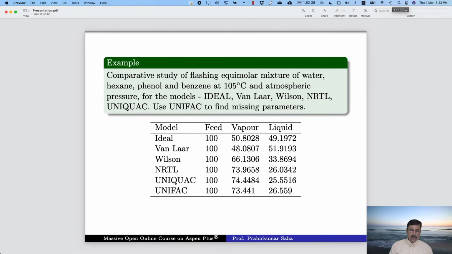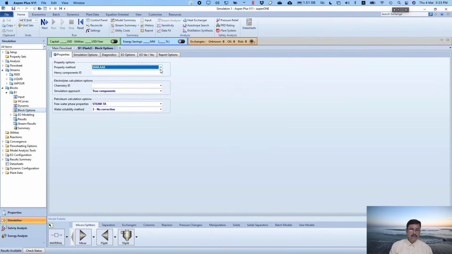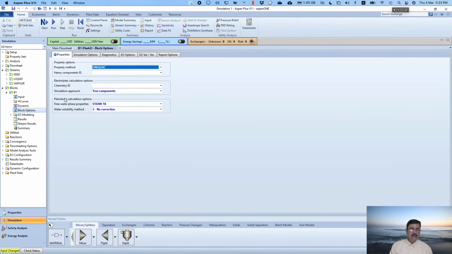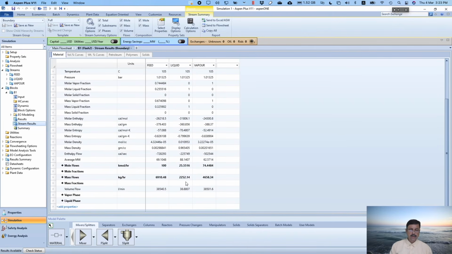Now if you use UNIFAC, then you are expected to have 74. Just check. Go to block option and go to UNIFAC and run. See the stream result again. It is 74.4484.